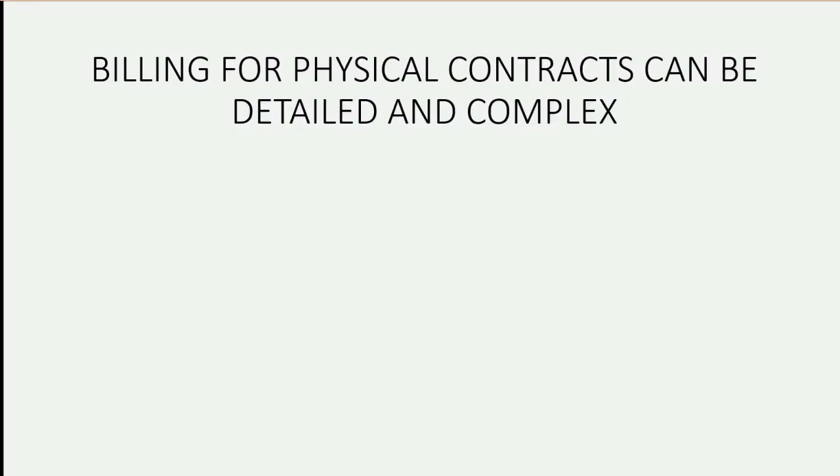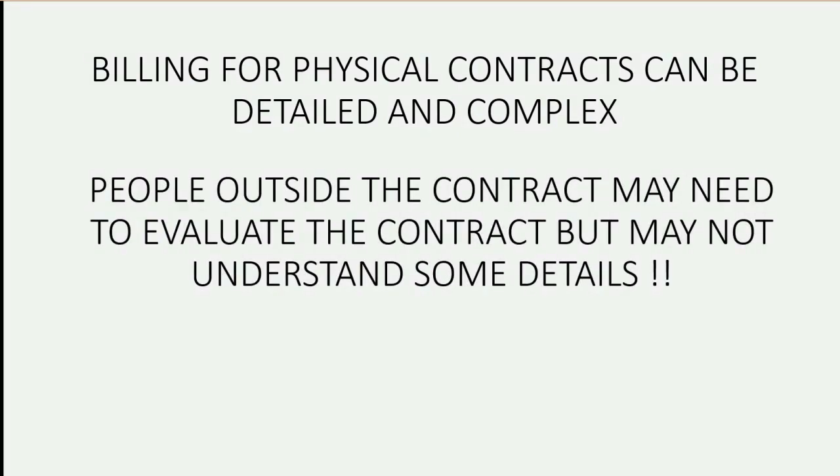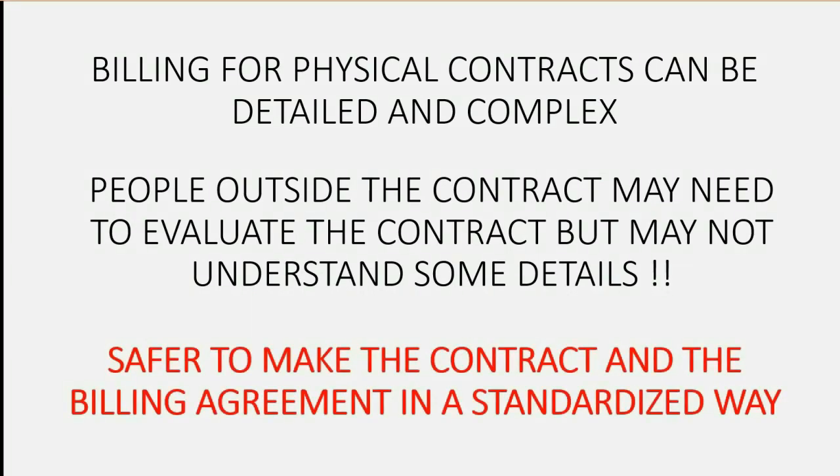Billing for physical contracts can be detailed and complex. People outside the contract may need to evaluate the contract but may not understand some of the details. It's safer to make a contract and the billing agreement in a standardized way.